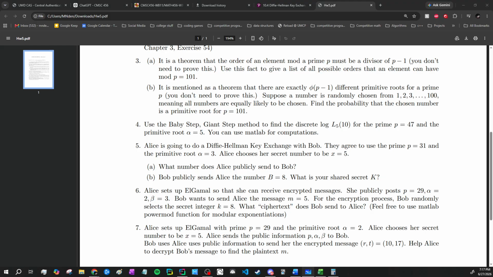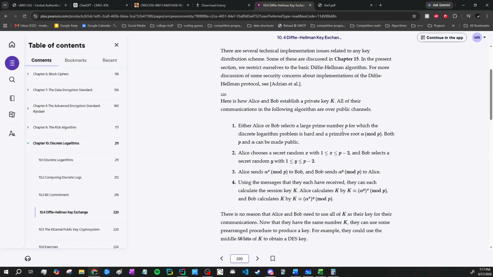Now Bob sends the public key equals 8. What the hell does that mean? If Bob is sending 8, that means, I believe, K is simply 8 to the x, mod 30.